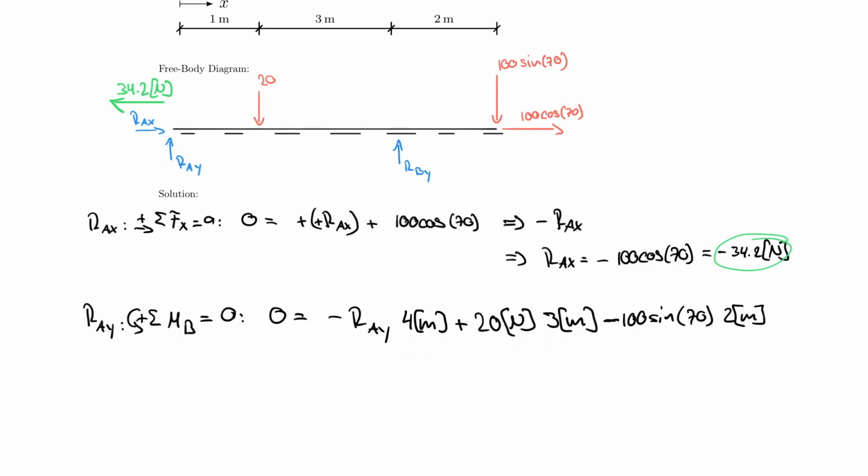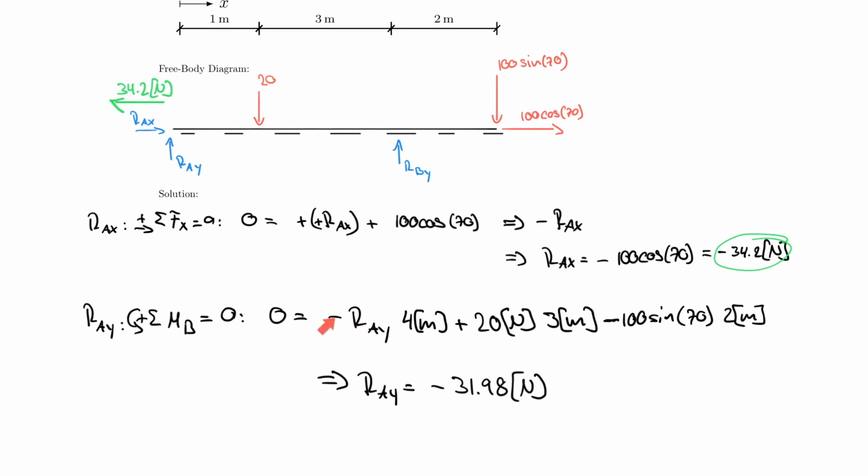So that's what you see here in this equation. And you can solve this equation now for RAY. So RAY in this case actually happens to be, believe it or not, negative 31.98 Newton. And what does the negative mean now? That means that I was wrong here as well, right? I assumed it to go up. That's what I assumed here.